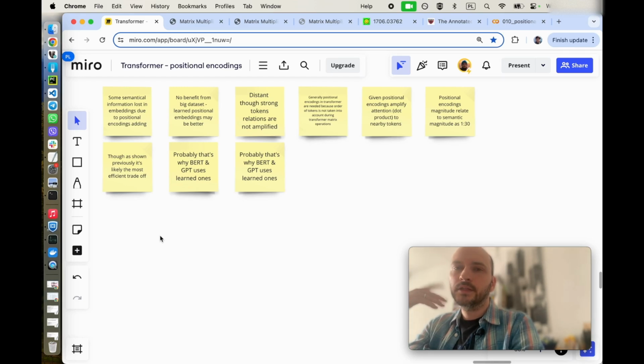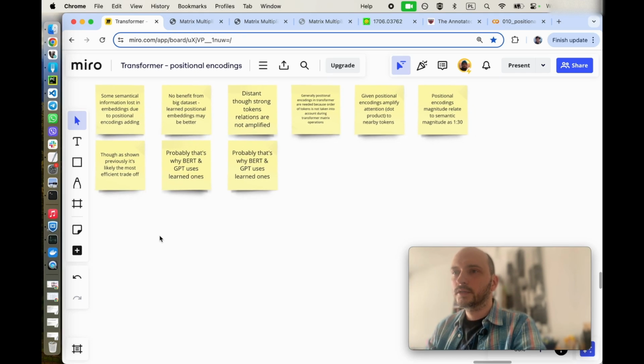Probably there is an even better solution, I don't know, but this one seems like quite a good compromise. An actual problem, I think, is that this design doesn't benefit from a bigger dataset. In deep learning, usually when we add more data, we get better results. But positional information doesn't depend on the input, it's just determined, which means that if we have a better dataset, the semantical part will benefit, but the positional part won't.